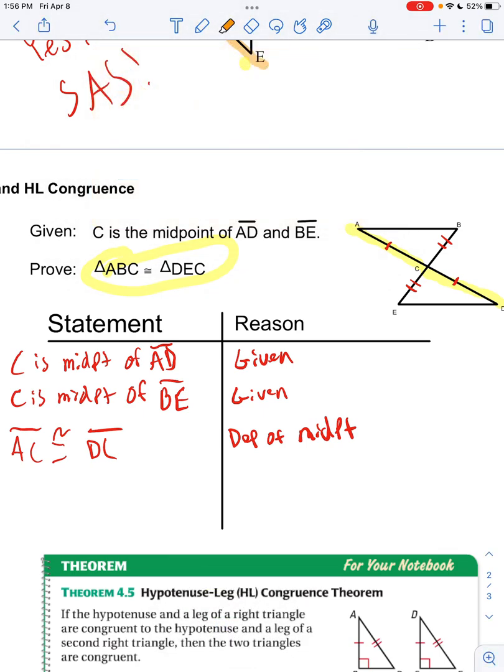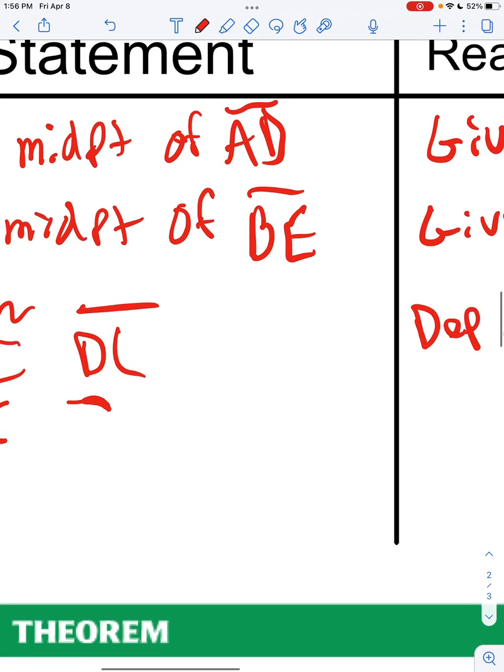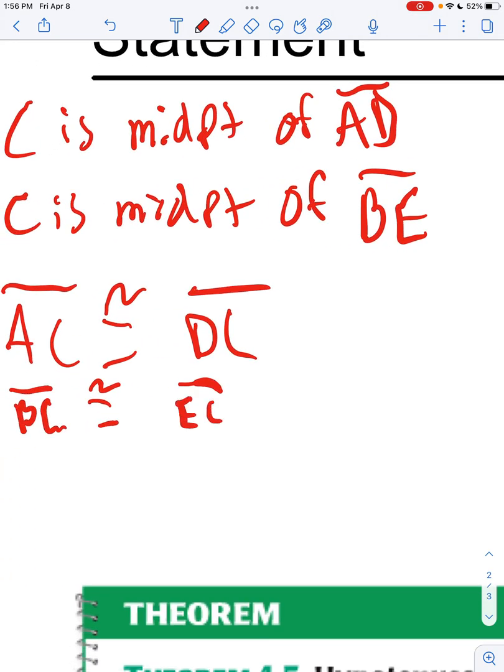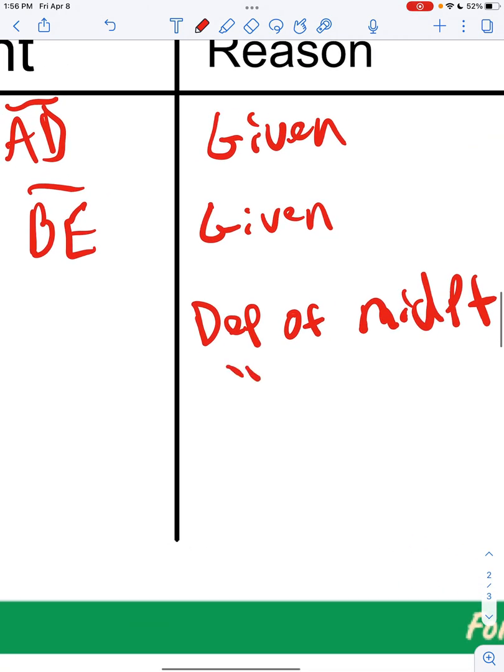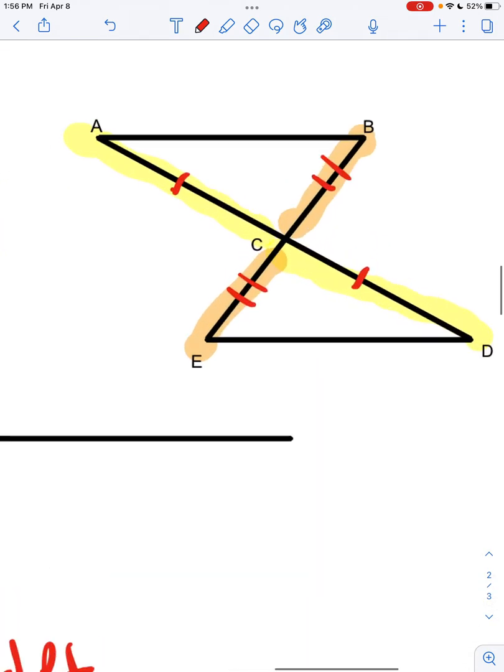And the same goes for BC and EC. Segment BC is congruent to segment EC, I believe it was. And same deal, definition of midpoint.